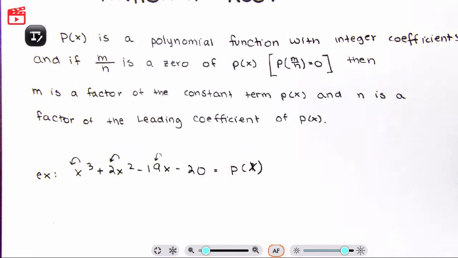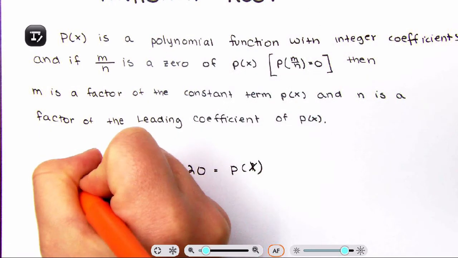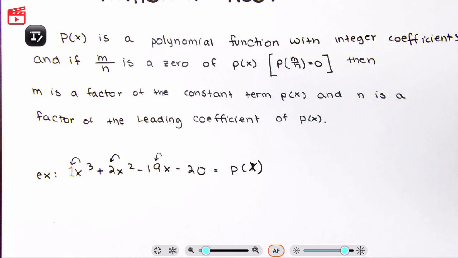Now x does have a number in front of it, we just can't see it because mathematicians are lazy and don't want to write that. But there is a coefficient of 1, so these are all integer coefficients. Then m is a factor of the constant term and n is a factor of the leading coefficient.